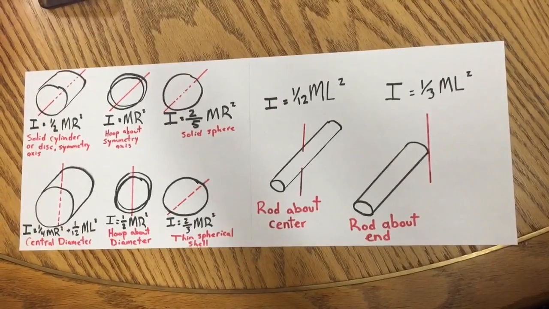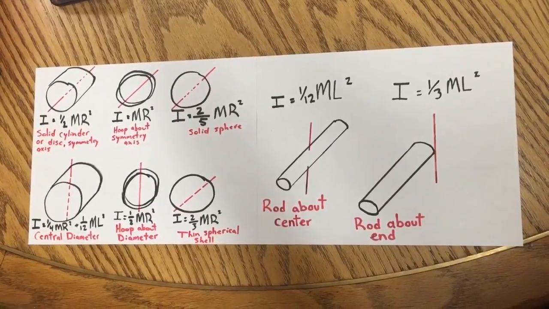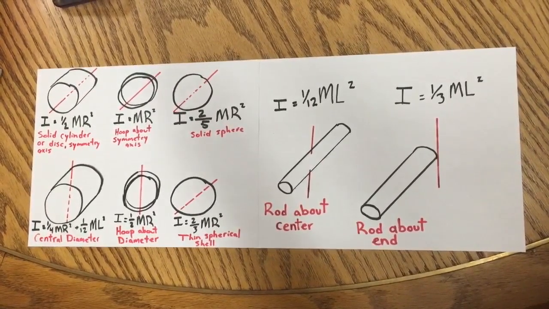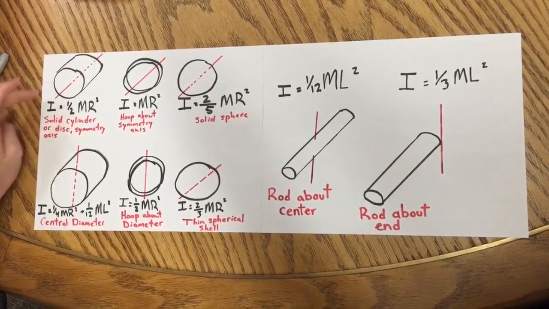When dealing with inertia, you need to change the equation depending on the object that you're using and trying to measure. This one here is a solid cylinder or disc about its symmetry axis.